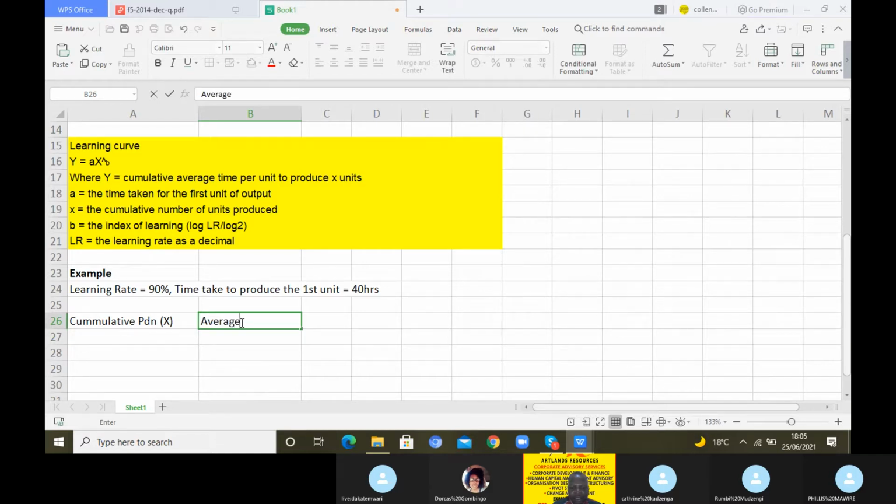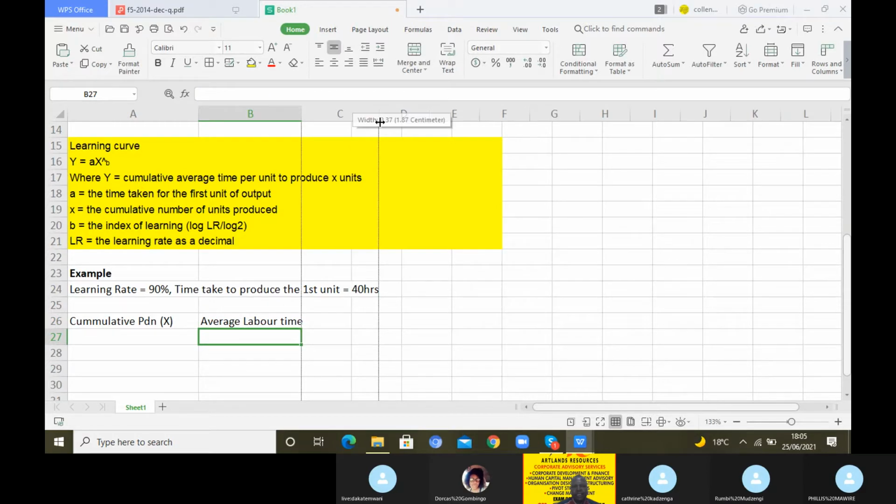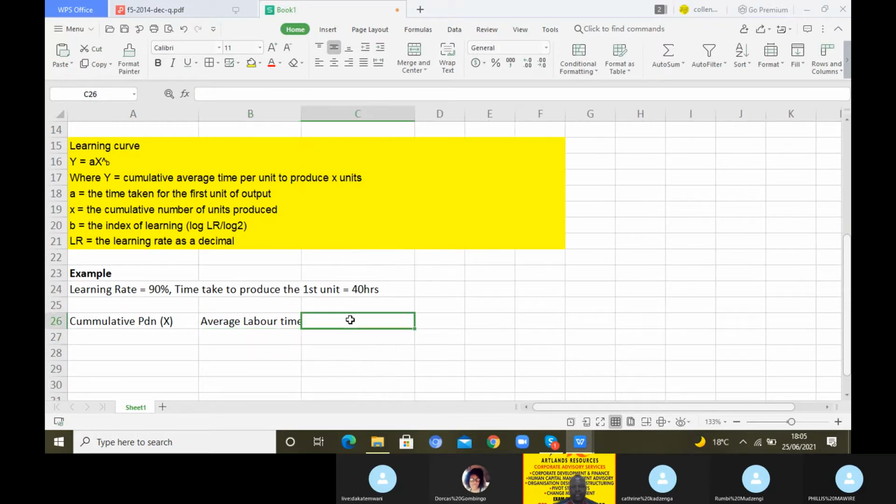Remember, average labor time is your Y. And then proof. We want to prove the formula. The formula says Y equals aX to the power b. Let us just prove this.